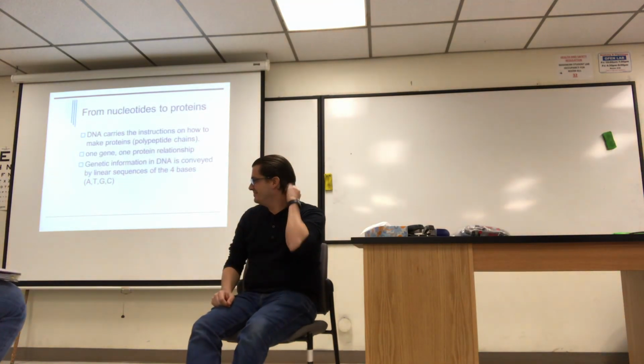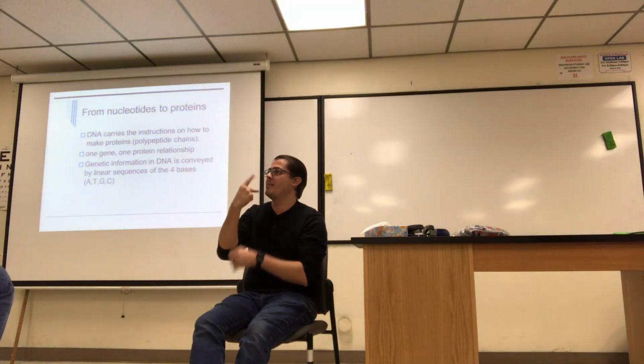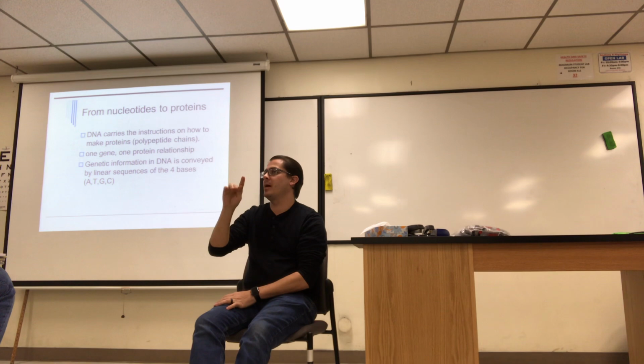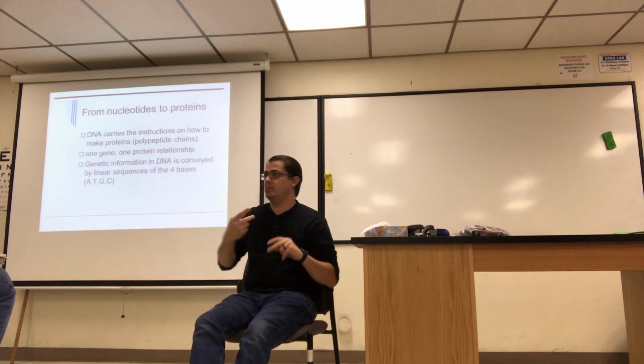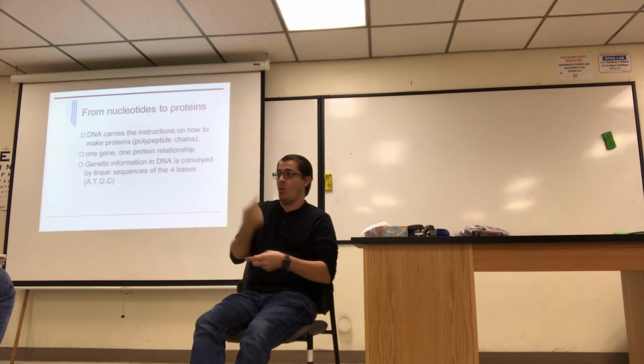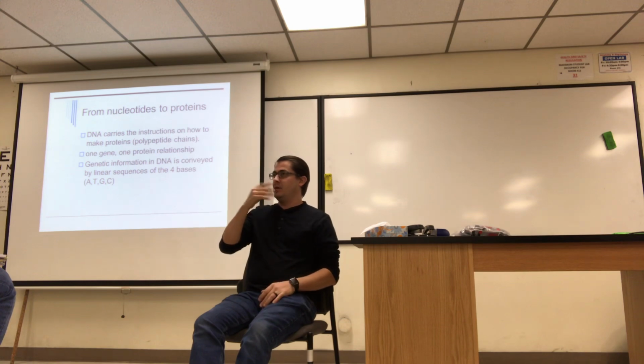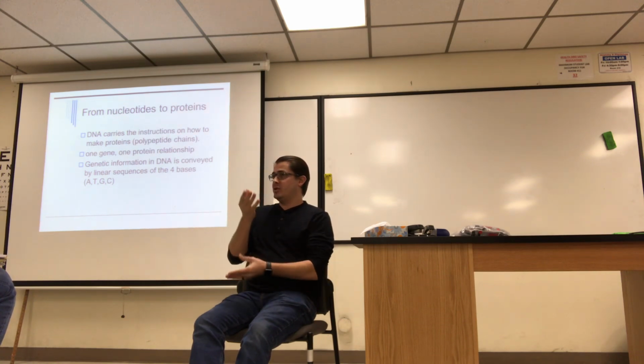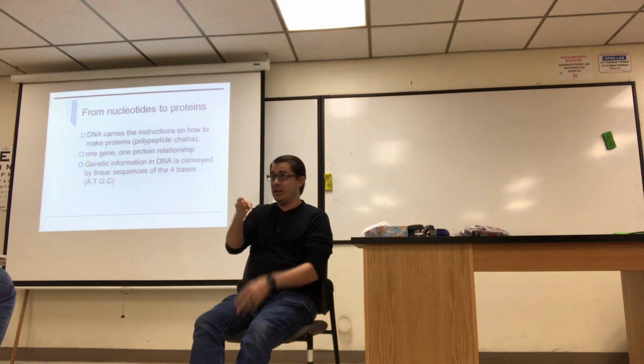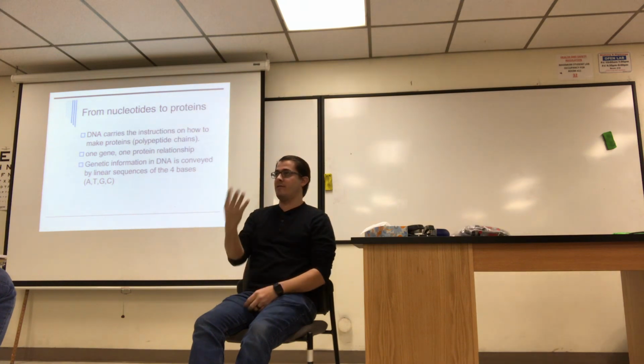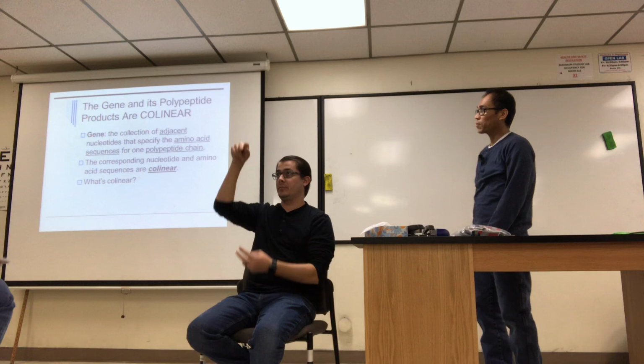So DNA carries the instructions on how to make the proteins or polypeptide chains. The relationship is one gene, one protein. Genetic information in DNA is conveyed in linear sequences of those four bases: the A, the T, the C, the G. So it's linear.